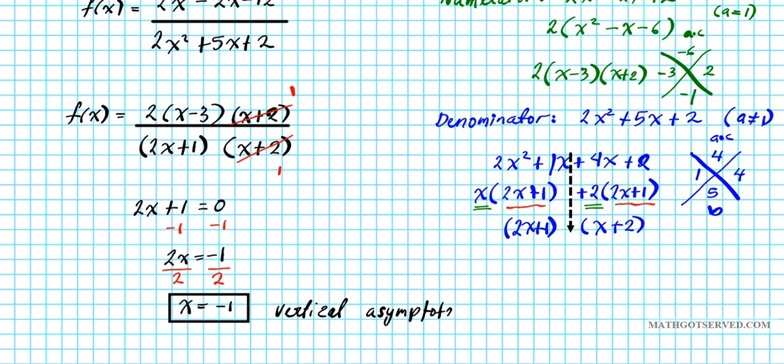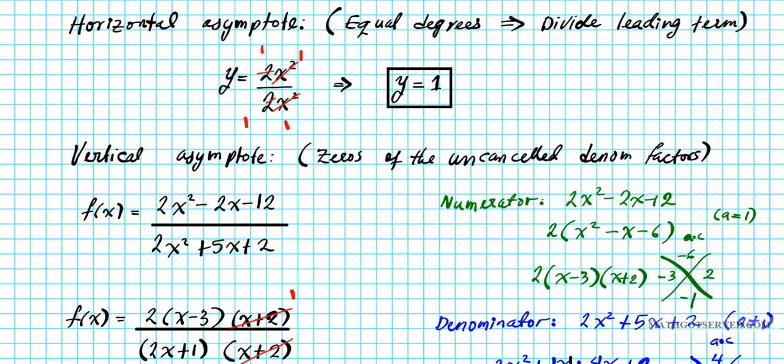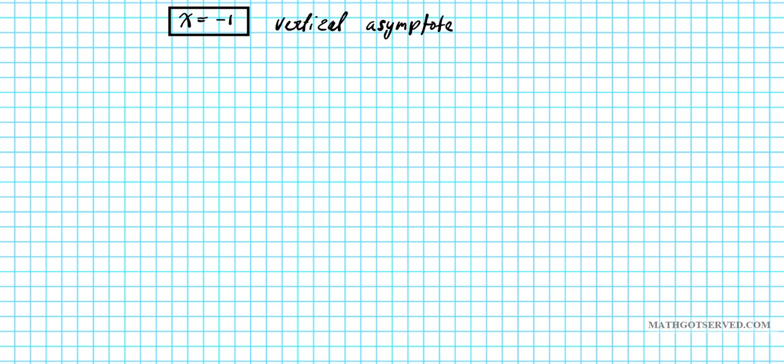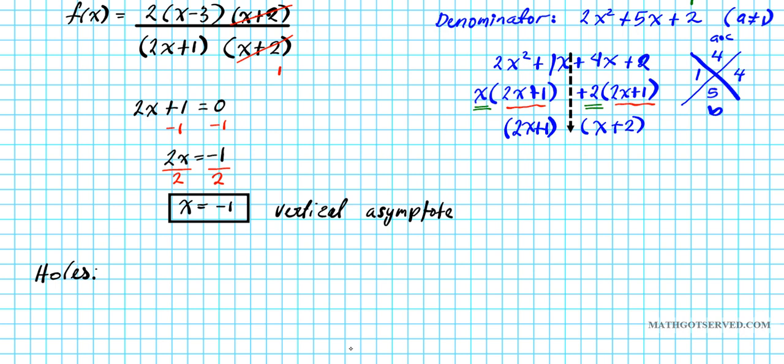All right, next thing to find, let's go back up. We're to find the holes. Now, what's another word for holes? What are the holes of a rational function in quotient form? This is basically the zeros of the cancelled or reduced factors.